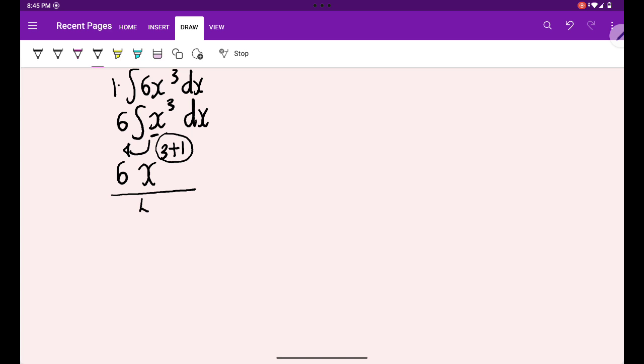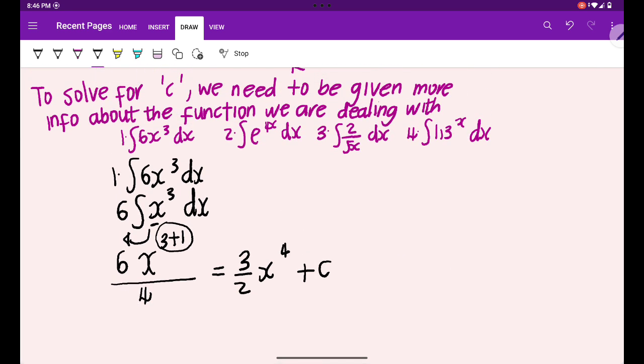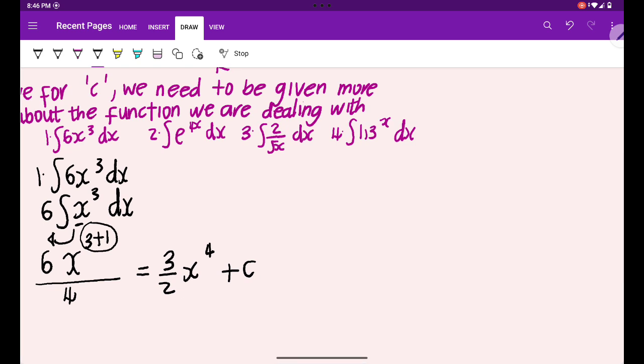And the power is 4. And this is going to give you 6 over 4, which is 3 over 2 x to the power of 4. Not forgetting our c, right? So that is how you would do the first working.